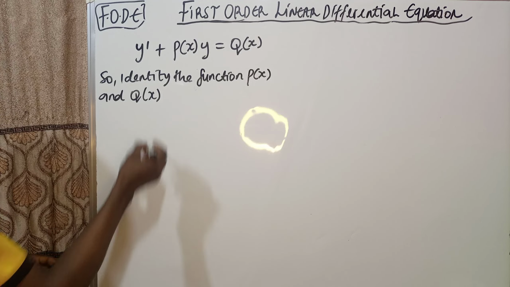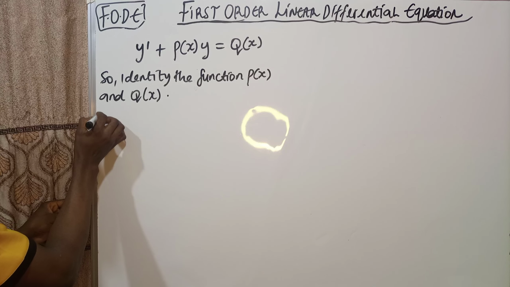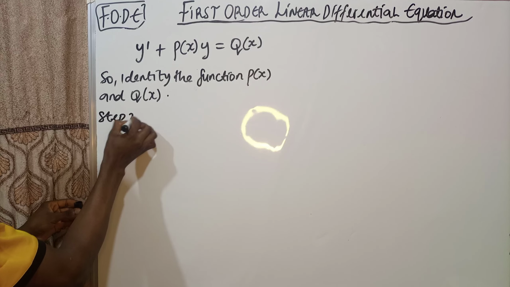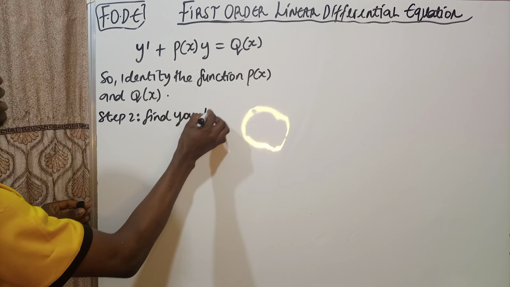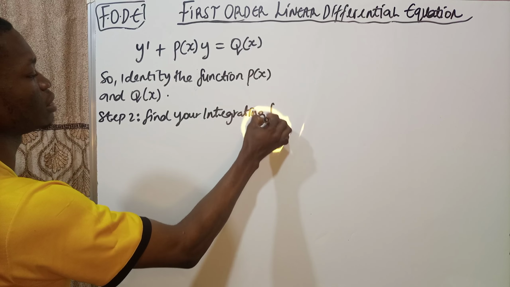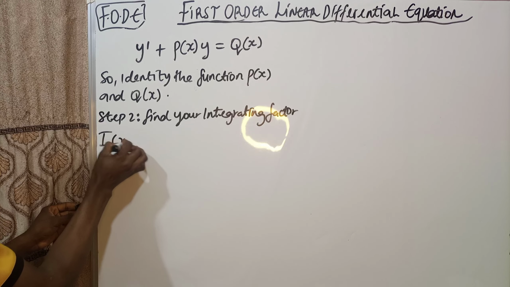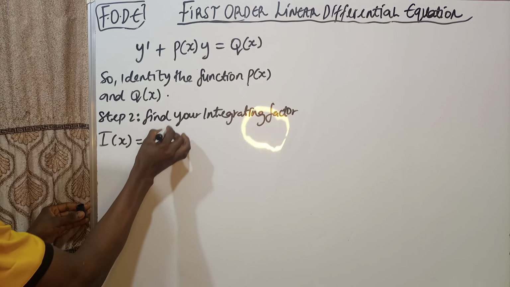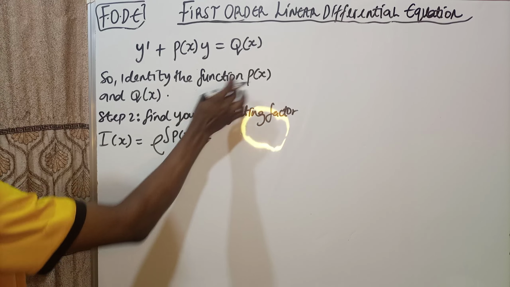After identifying them, now you need to find your step 2, the integrating factor. Our integrating factor I of x is equal to e raised to the power of the integral of p of x dx.